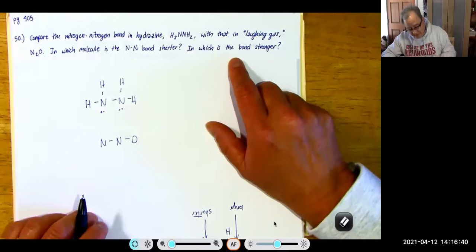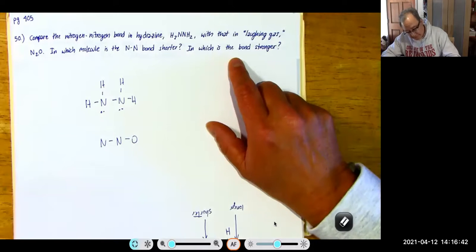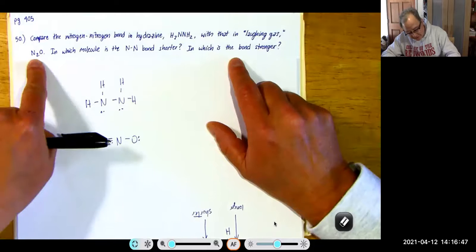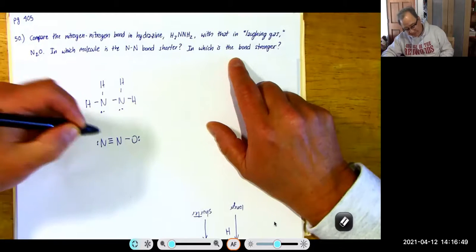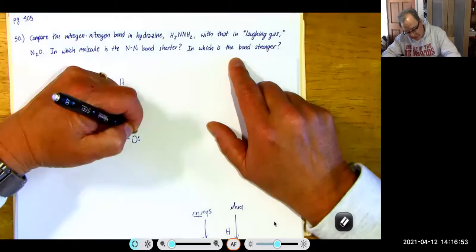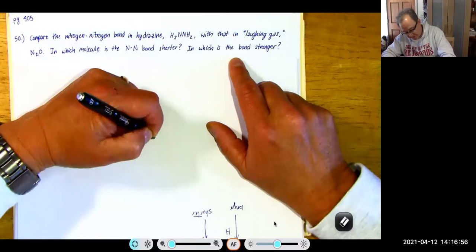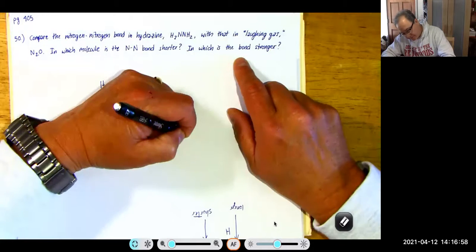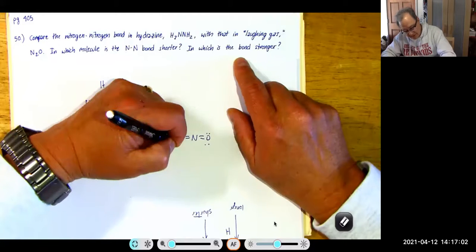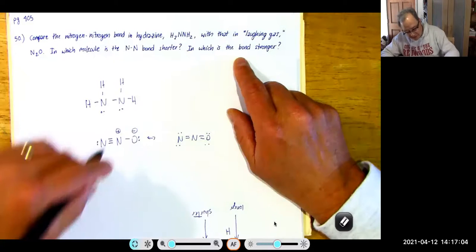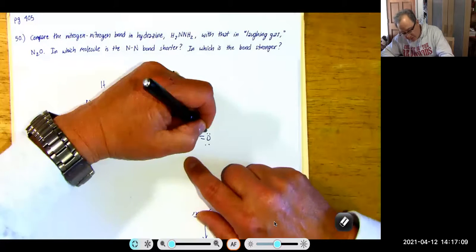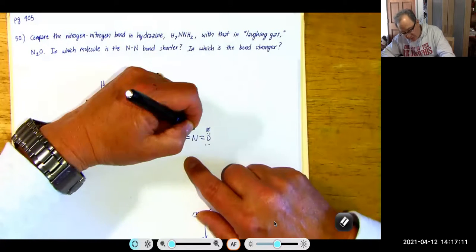To make more bonds. So we're looking at 16 electrons. So here's 16 electrons. This is a -1, this is a +1. This does have some resonance. So here, this would be a 0, +1, and a -1.